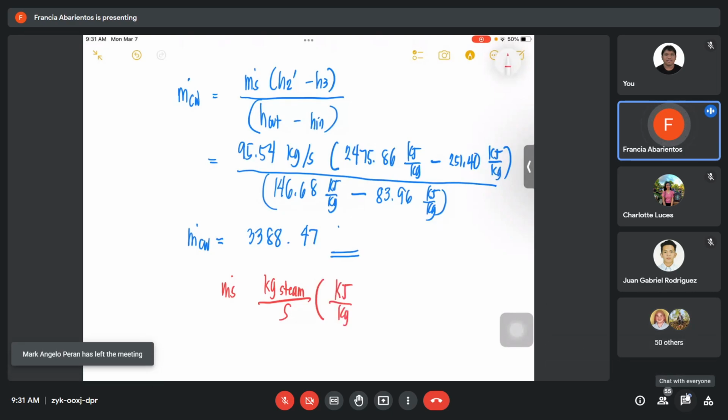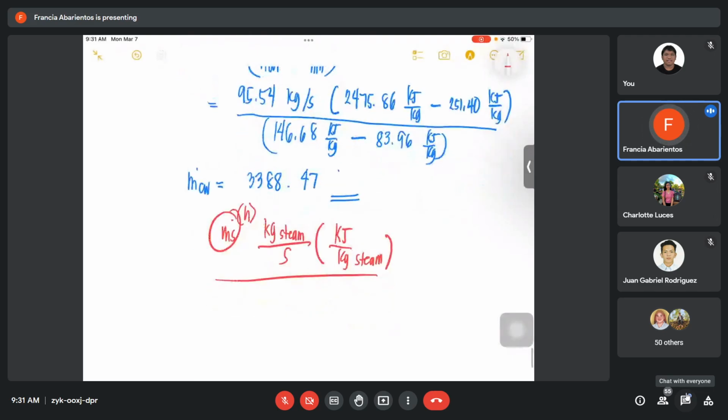At the bottom, we have kilojoule per kilogram of water. The kilogram of steam cancels, the kilojoule cancels, so what remains is kilogram of water per second.